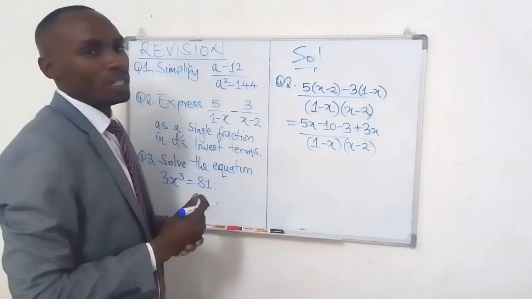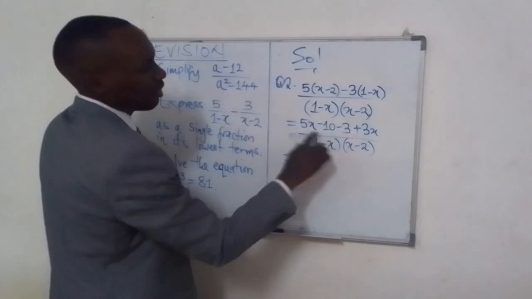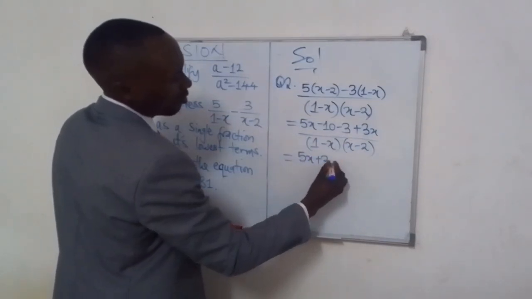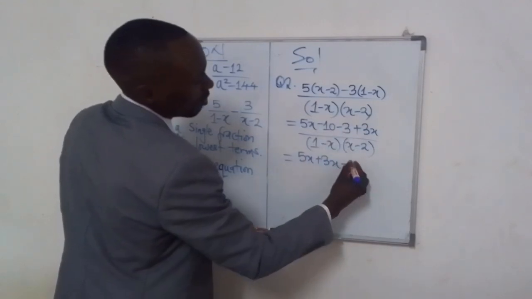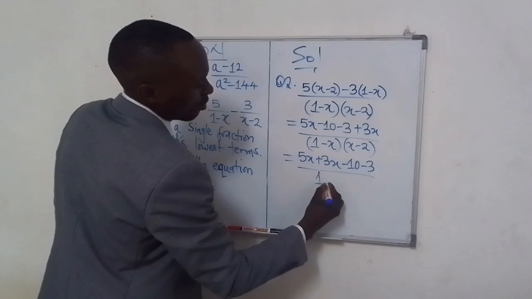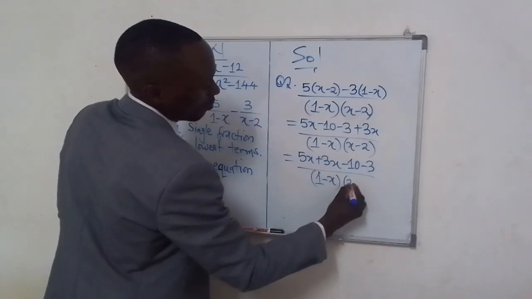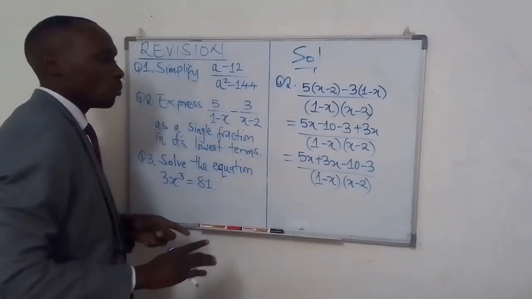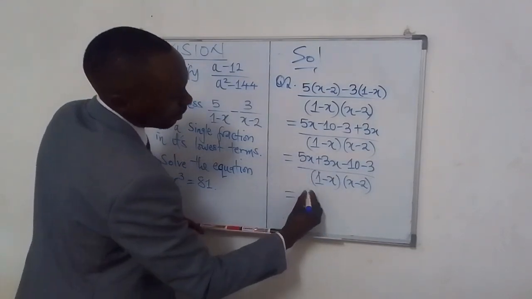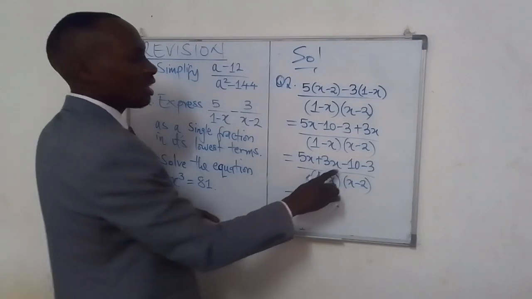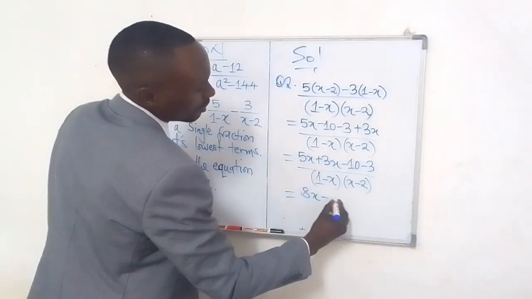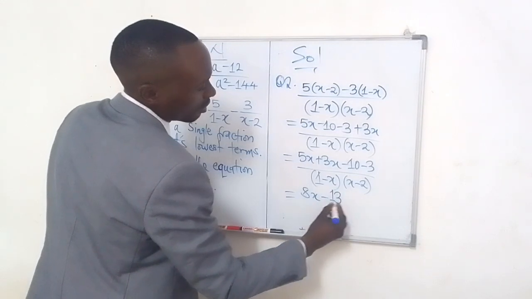So then we collect like terms. Collecting like terms, 5x and 3x, then negative 10 minus 3. Okay, so now working out what we have on top, 5x plus 3x basically gives us 8x. Then negative 10 minus 3, this is addition in negative, which will just give us negative 13.